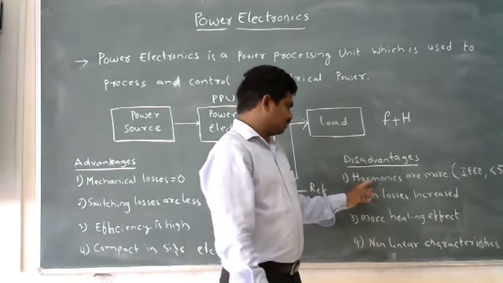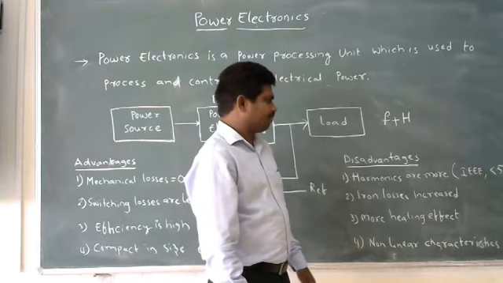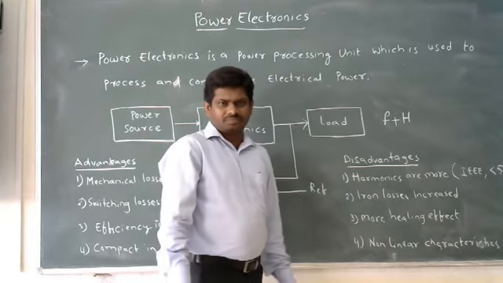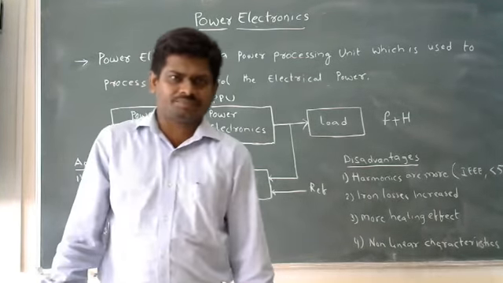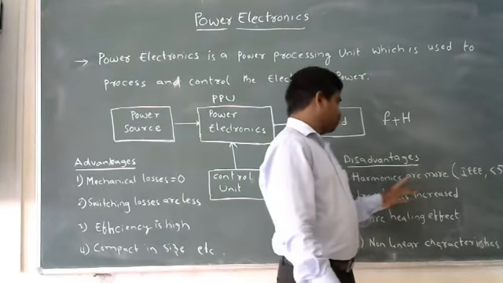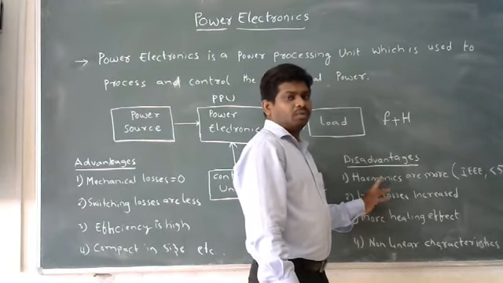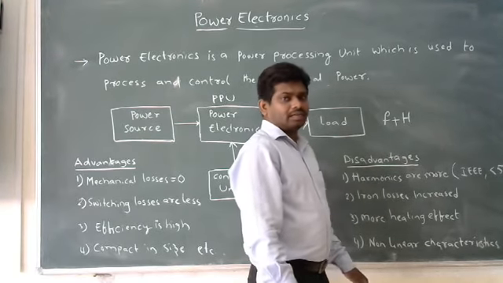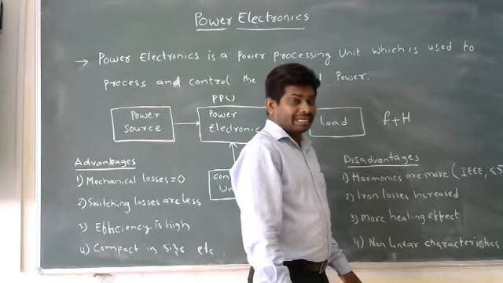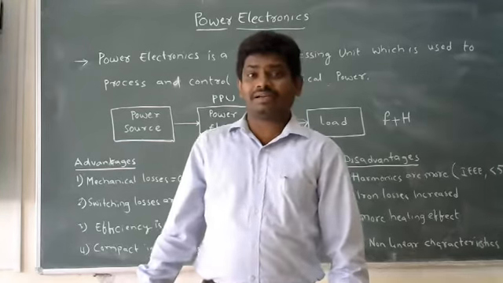The general statement that the IEEE has given us is that whatever the system may be, there must be less than 5% of harmonics present. Not more than 5%. Then only the system will be very healthy.